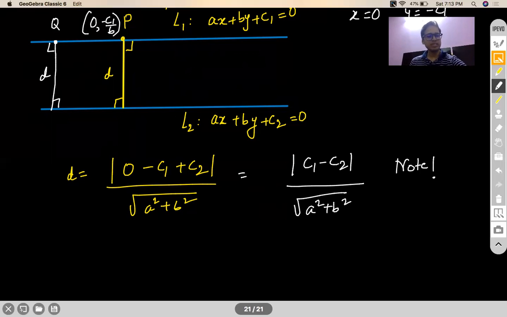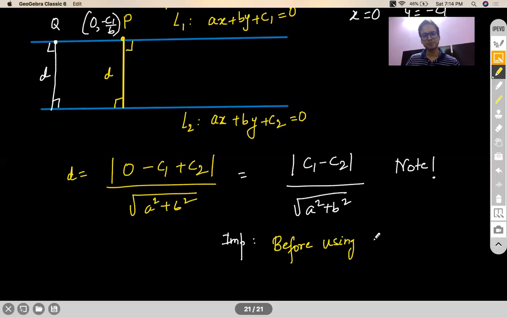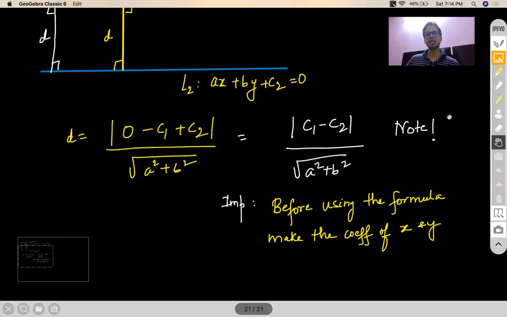One thing to be noted over here is that in order to find the distance between two parallel lines, or in order to use this formula, a very important thing I would like to highlight: before using this formula, make the coefficients of X and Y the same in both the lines.